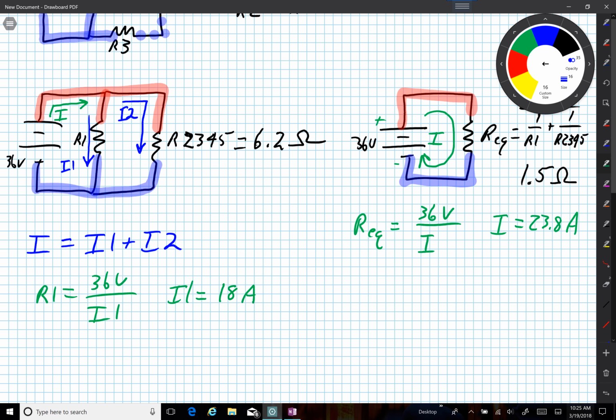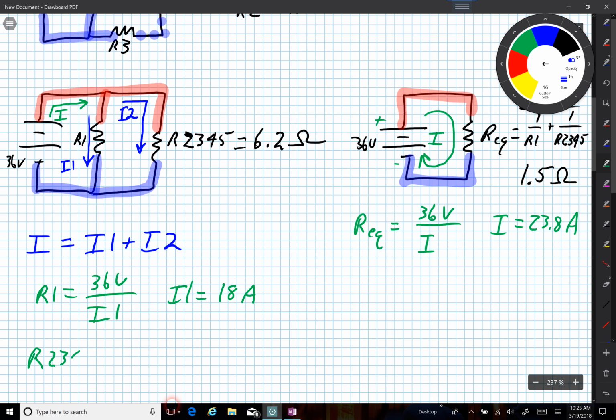And now Kirchhoff's voltage law says that, no, don't go there. We'll just do this.